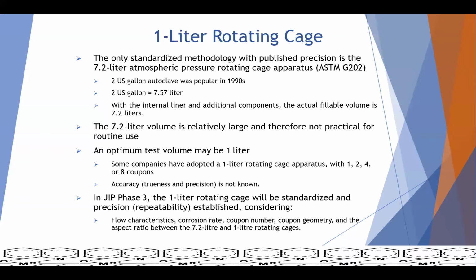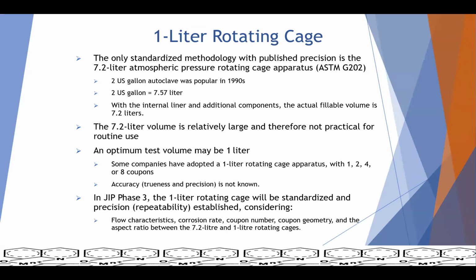Actually, in the 1990s, when CanmetENERGY started their JIP, many people were using a 2 US gallon autoclave. As a matter of fact, at that time, only that autoclave was available, at least in Canada. So 2 US gallon is equal to 7.57 liter volume. That is the total volume of the apparatus.